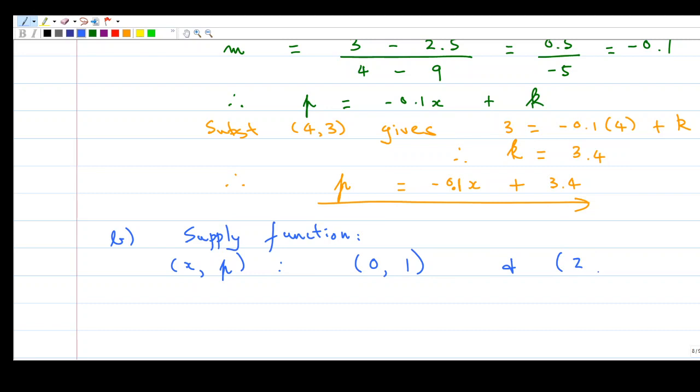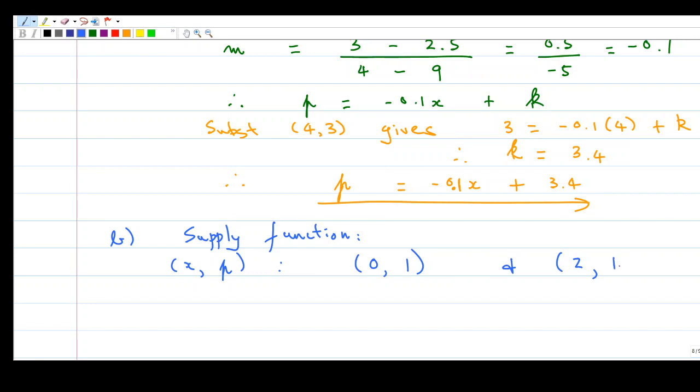The input will have to be 2 since it's in units of 100. So an additional 200 units will be supplied for each $0.3 above the unit price of $1.